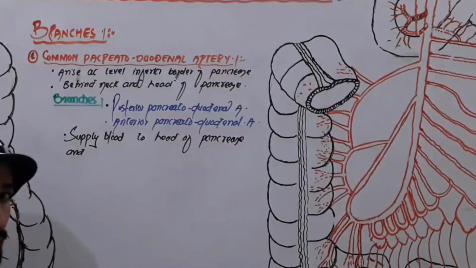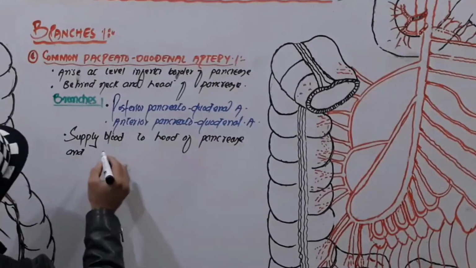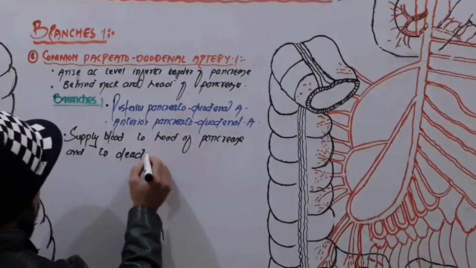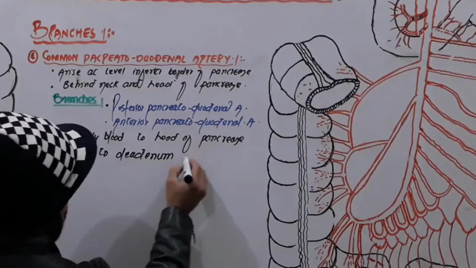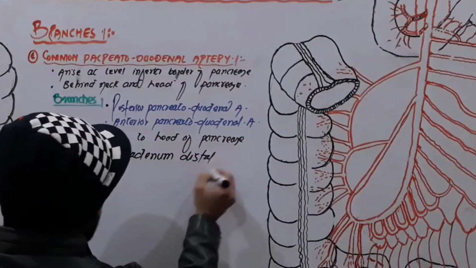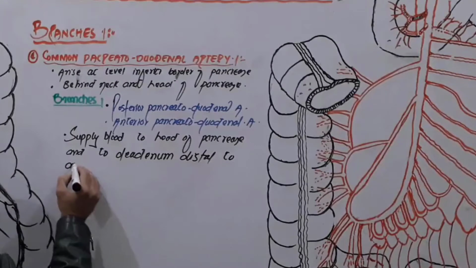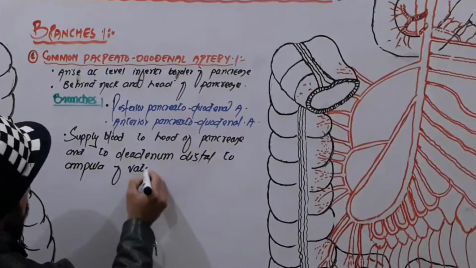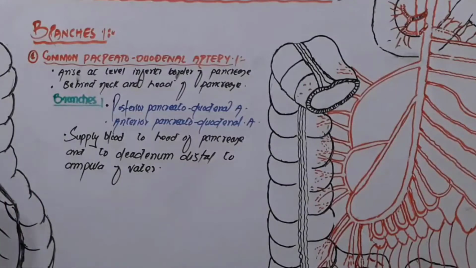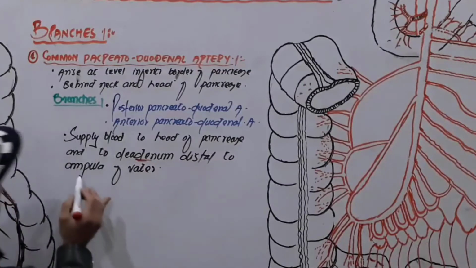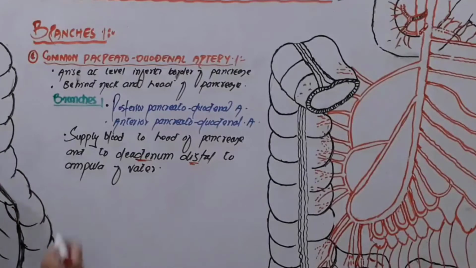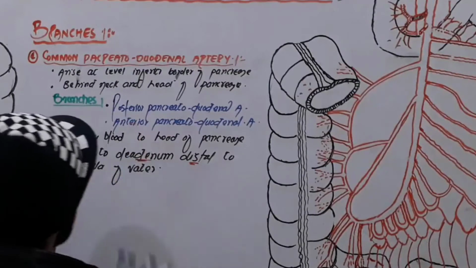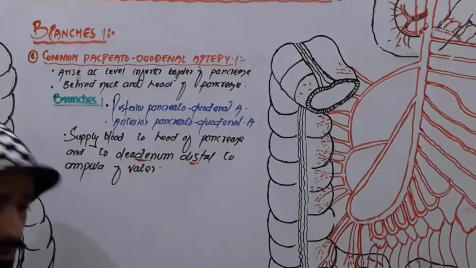to the duodenum distal to the ampulla of Vater, as the book says. So the parts of the duodenum which are present distal to or inferior to the ampulla of Vater, this part is supplied by this common pancreato-duodenal artery.